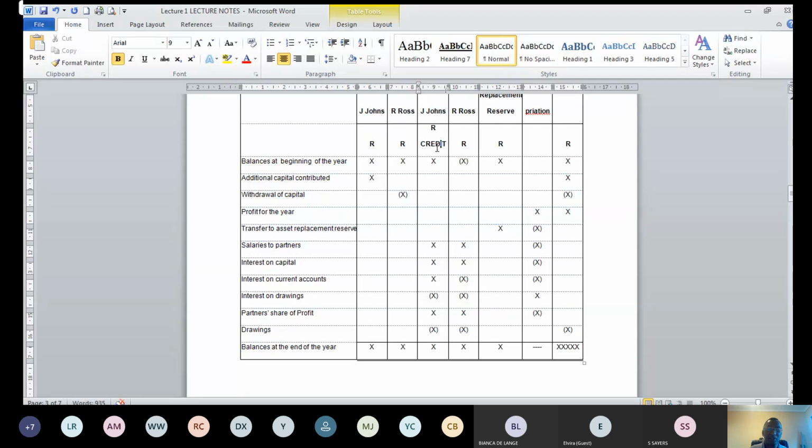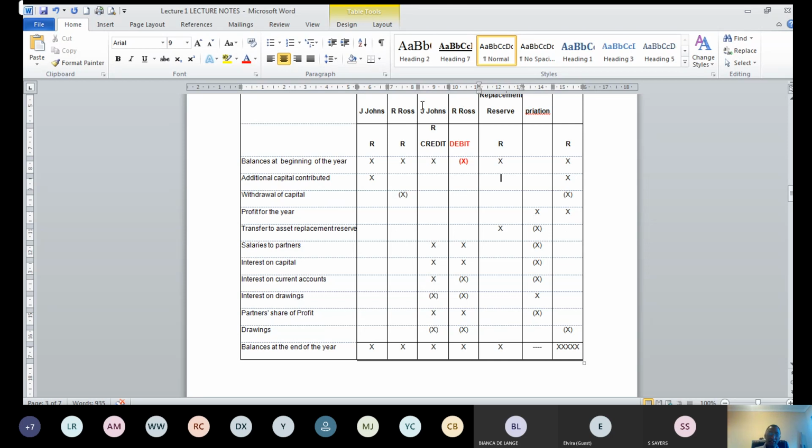But if the partner has got a debit balance over there, a debit balance is seen as a negative balance, and that is why your opening balance must therefore be indicated in brackets, being a negative balance.